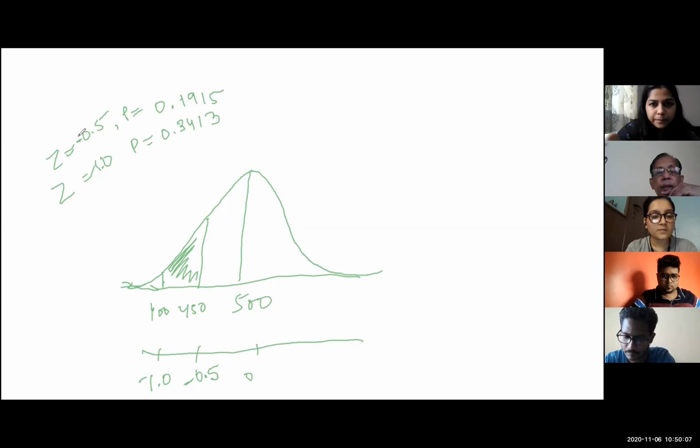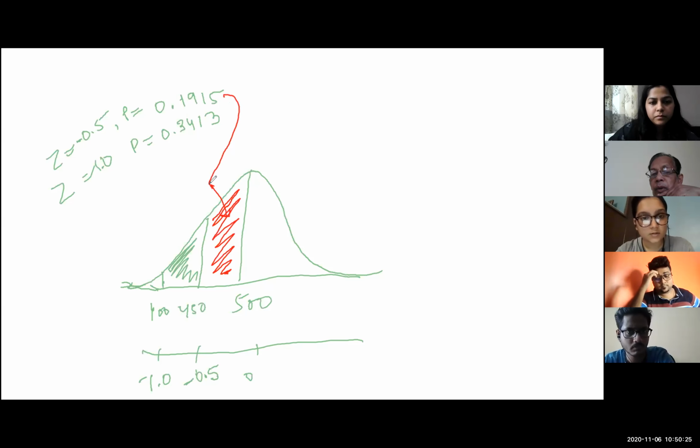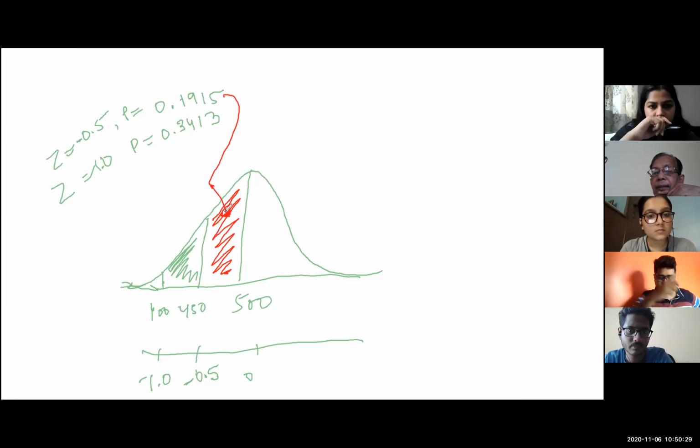Draw one line. 0.1915 is this much; make an arrow mark on it to connect. Very good. All of you are clear? Now 0.3413, from where to where?